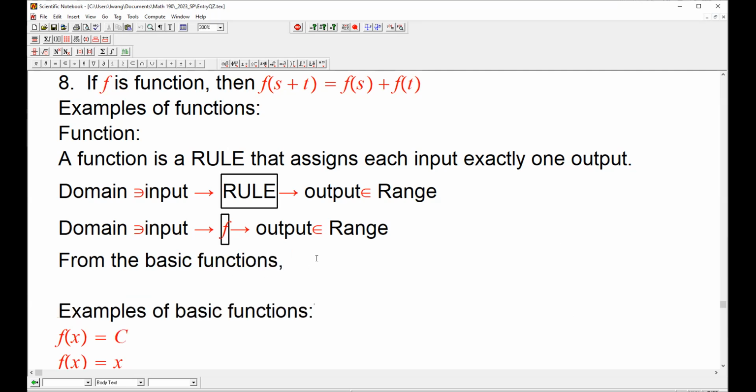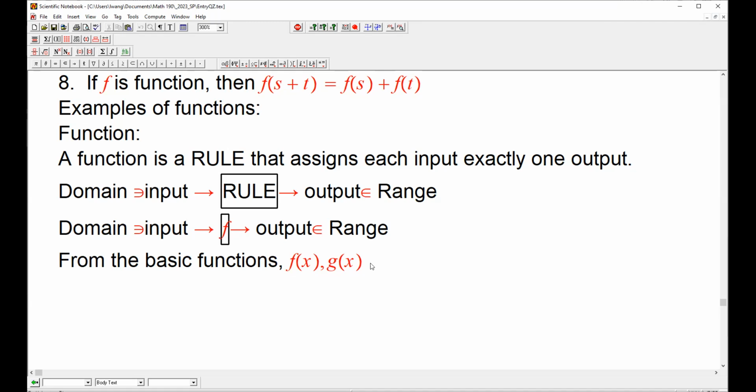Okay, we choose any function arbitrarily. One is called f, one is called g. What can you do about them? Right, you must have learned this before. You can do f of x plus g of x or minus g of x, right? You can also do f of x multiply.